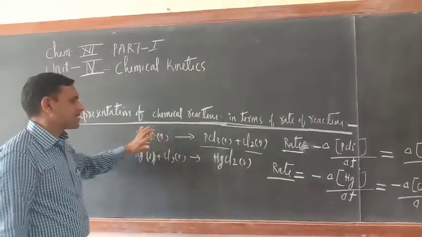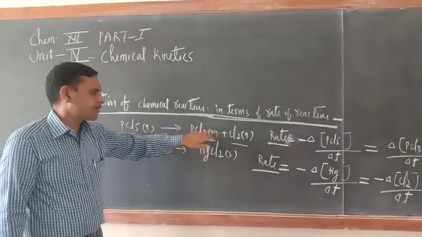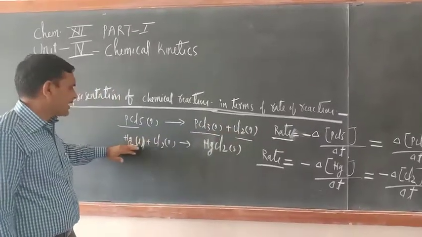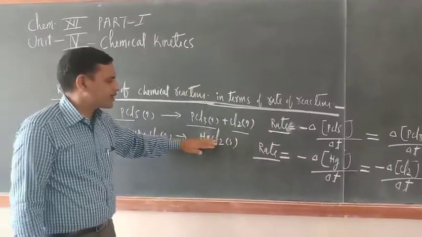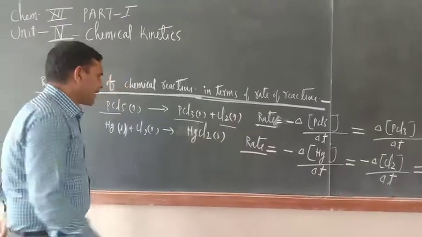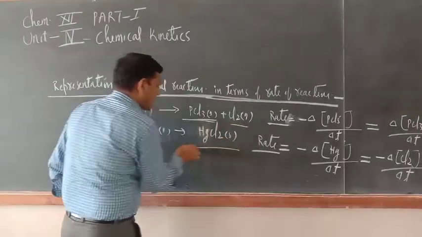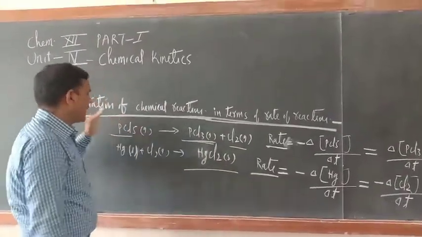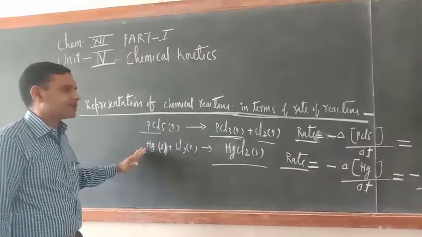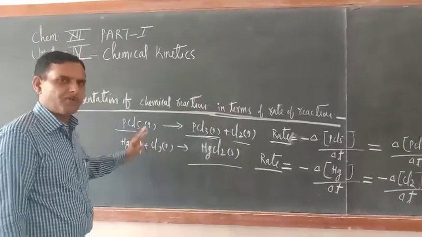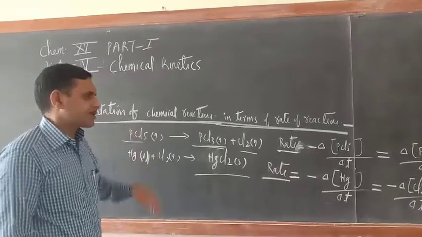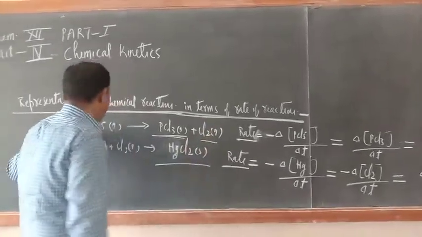Just see PCl5 breaking into PCl3 plus Cl2. Similarly, Hg plus Cl2 equal to HgCl2. So just try to understand here. If you are going to represent this reaction in terms of rate of reaction, what do you have to do? Just see, rate equal to, this is the reactant.